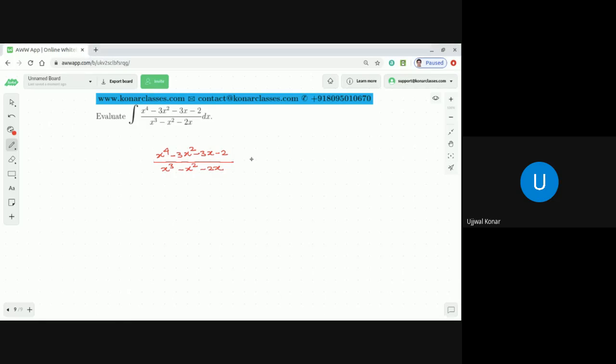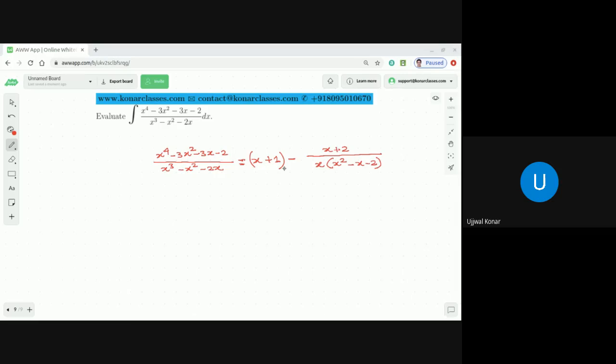If you divide, you'll get something like this: x plus 1 minus (x plus 2) divided by x into (x square minus x minus 2). You'll get this. Okay.